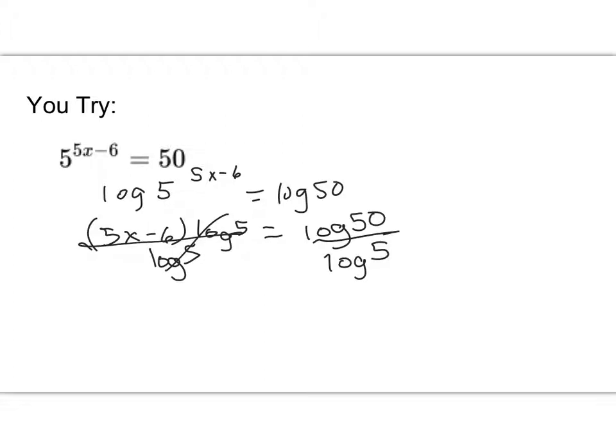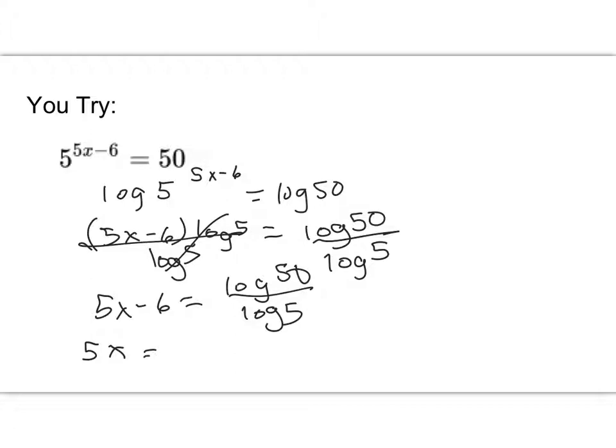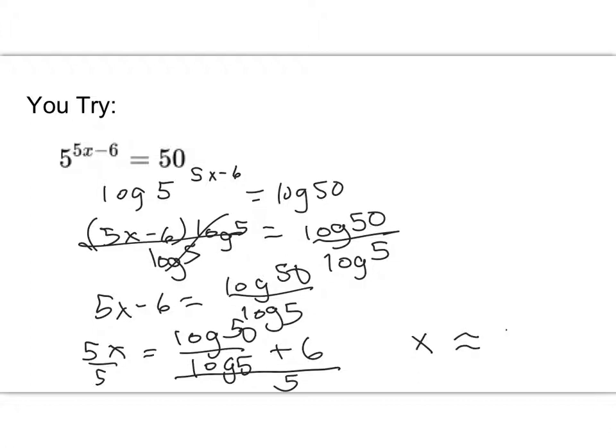All right, and then I'm left with 5x minus 6 equals the log of 50 divided by the log of 5. And if I go ahead and add 6 to both sides, and then I divide both sides by 5, I should get x is about 1.69.